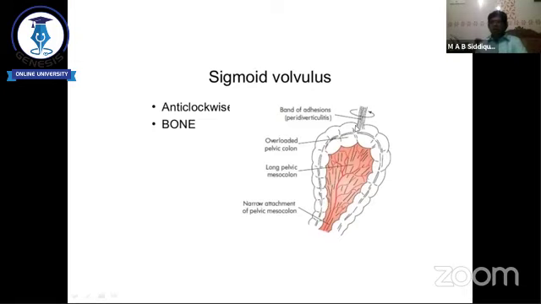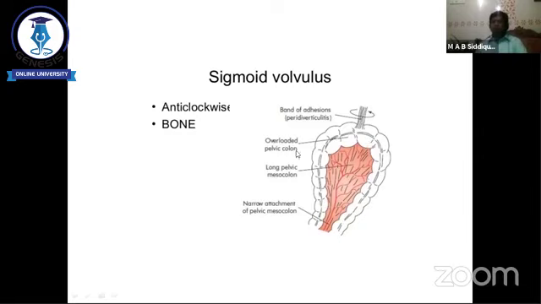There may be some band of adhesion. There may be an overloaded colon. The pelvic mesocolon is long, and there is a narrow attachment of the mesocolon. That's why it becomes twisted. It is more prone to twisting.